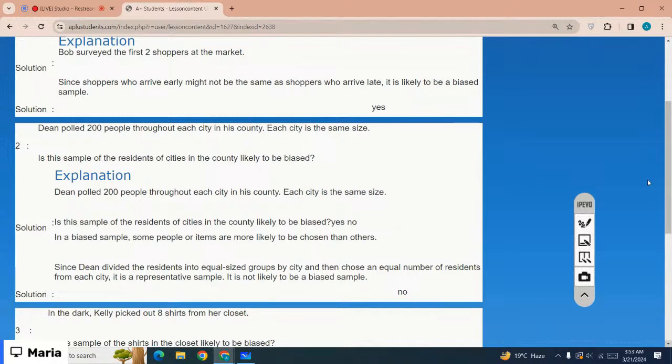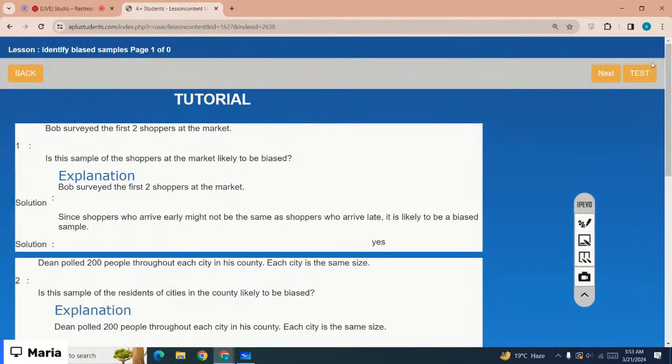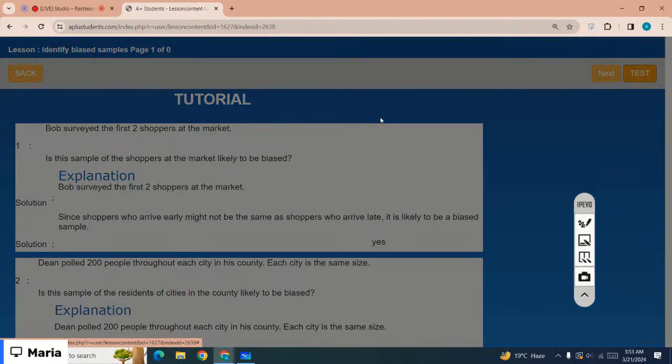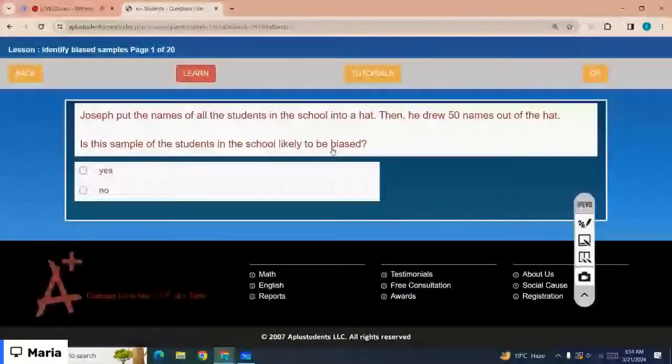Let's just start with the next one. Joseph put the names of all students in the school into a hat.